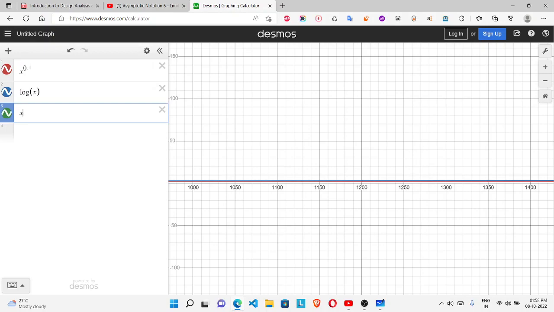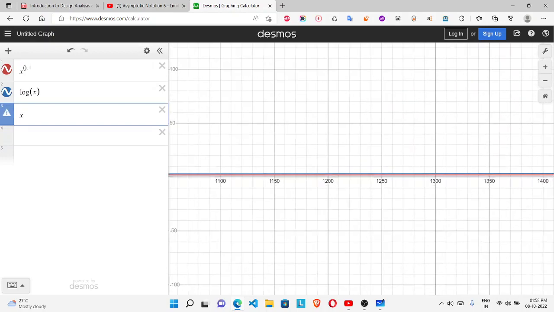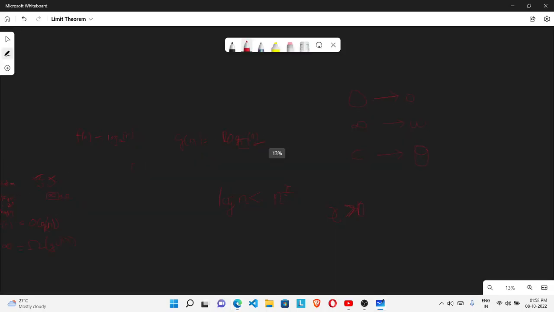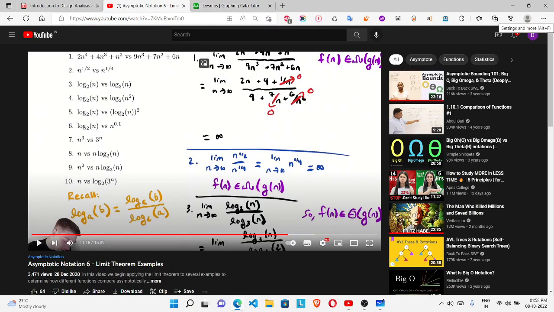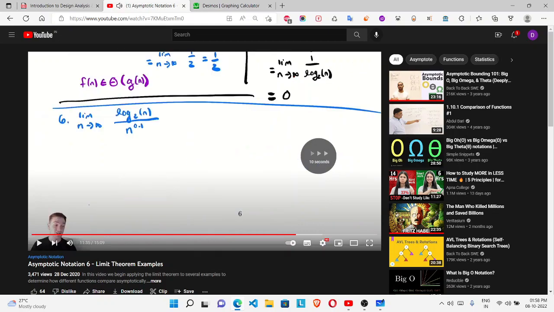What if I write x square or just x? With just x would be higher, right? Sorry guys, I'm making a few mistakes here. Let's see what the answer is first.